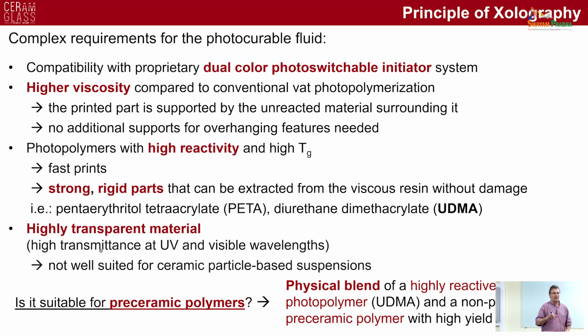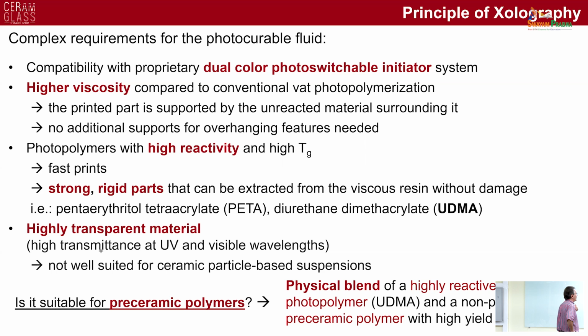And the reason why you want to have something highly viscous is that, first of all, you don't need to deposit any layers, so viscosity is not a problem, but you specifically need a high viscosity, because when you're printing the part, you are changing the density. And if you are doing that in a liquid that is non-viscous, you have settling of the part, you have movement of the part, you cannot get a high resolution.